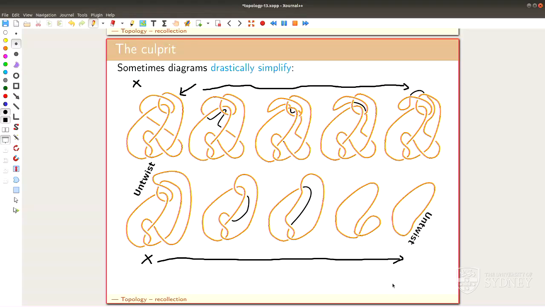And then you don't need to do any calculations. You can kind of see what's going on here. This strand, pull it underneath, and pull it out, and it simplifies itself. If you can do that, that's amazing. You save a lot of time calculating determinants or genus or anything because you know it's the unknot. So just do it. Try to simplify diagrams that you see. And there will be one example where you can simplify your diagram.